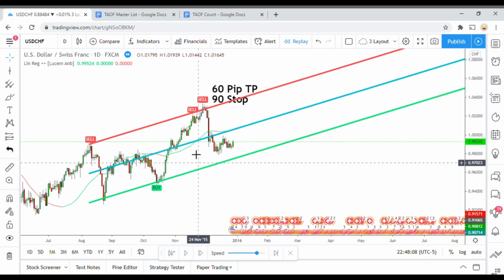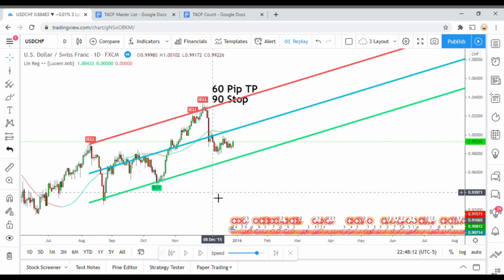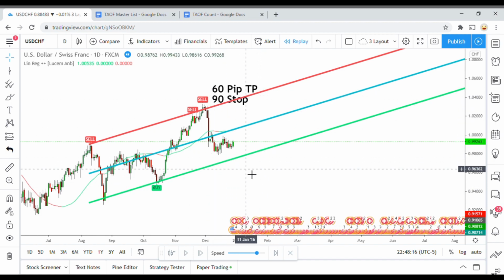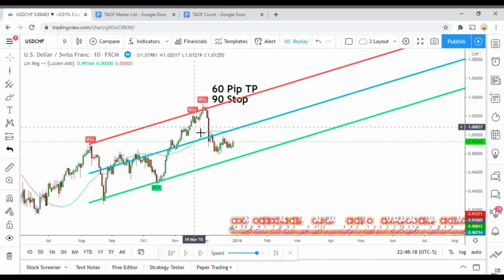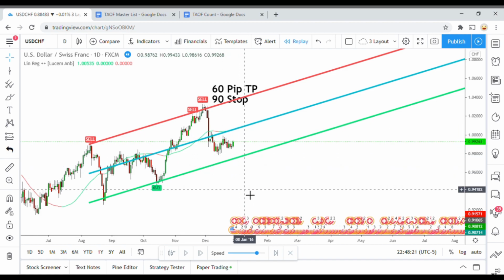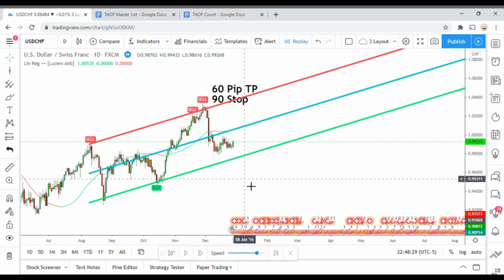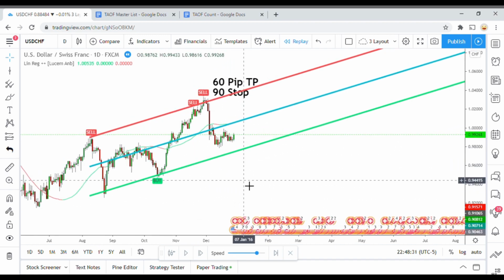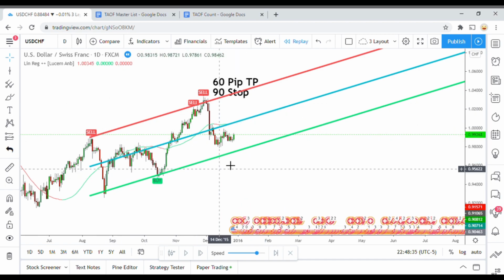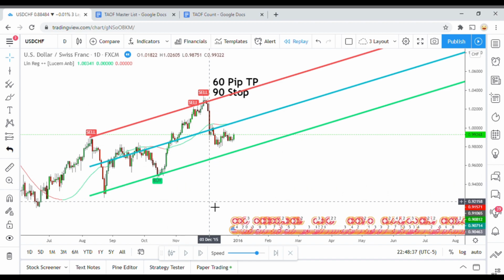And then, of course, on the bottom side, when price action comes down and runs into it, it is implying that price action is way overextended to the downside, and you could expect a retracement sometime in the near future. So again, they act as support and resistance areas.